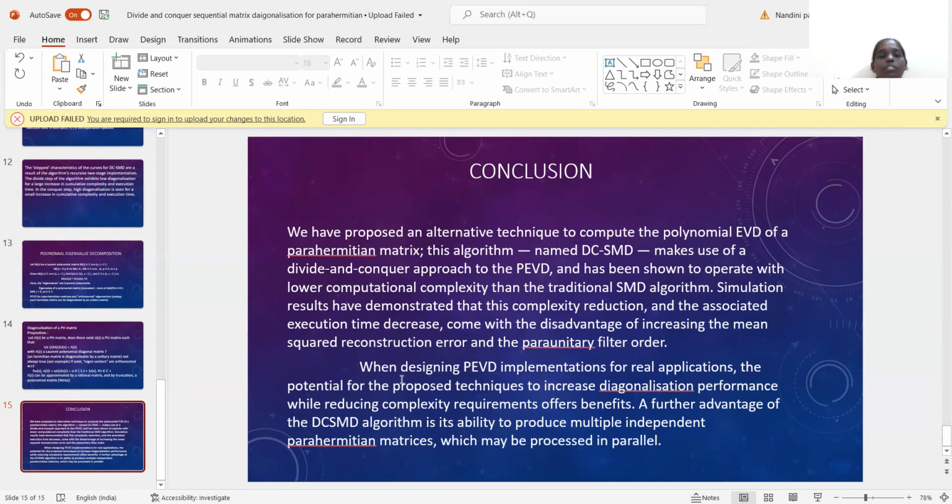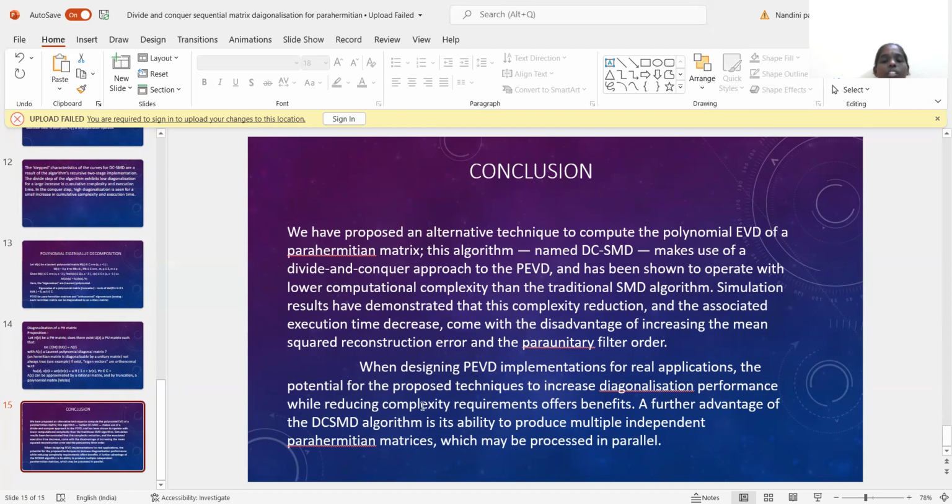Simulation results have demonstrated that this complexity reduction and the associated execution time decrease come with the disadvantages of increasing the mean squared reconstruction error and para-unitary filter order.